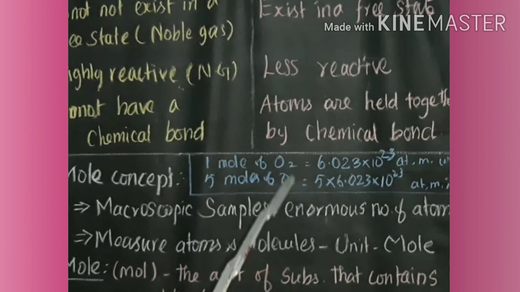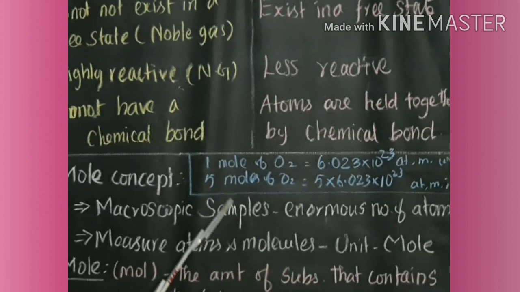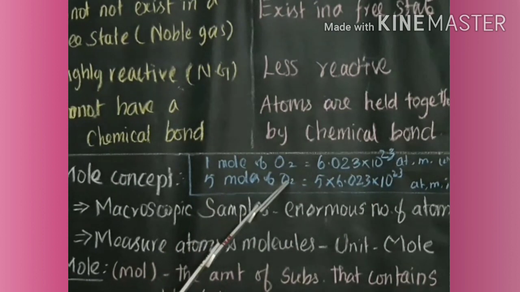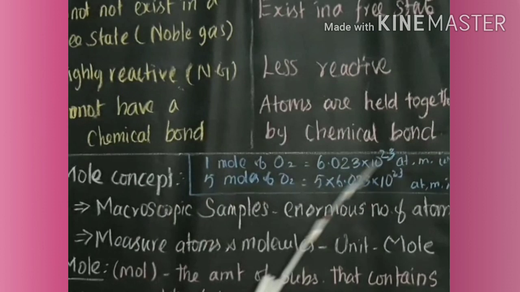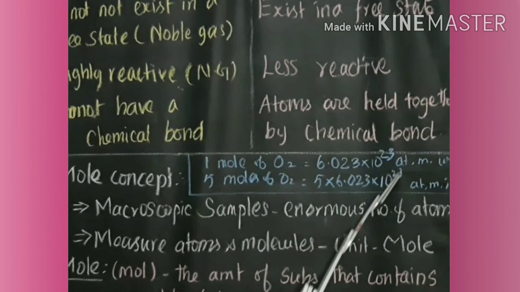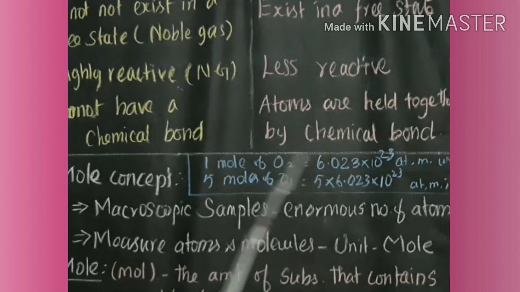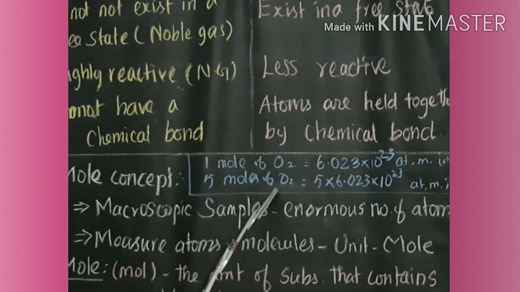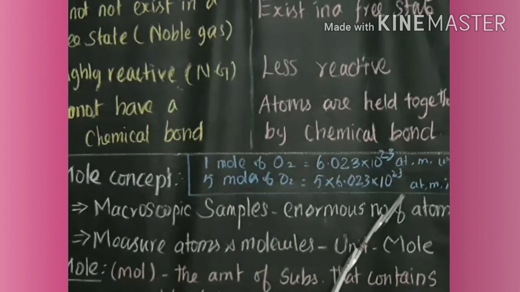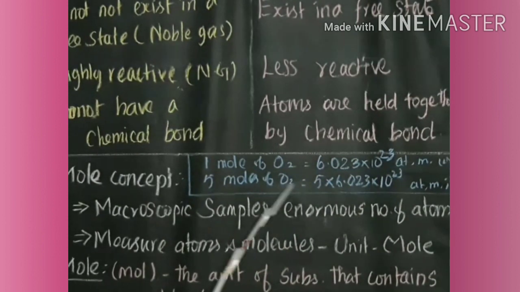Like this, if you want to find the number of atoms or molecules or ions in 5 moles of oxygen, then it should be multiplied by 5. 5 into 6.023 into 10 power 23 is the number of atoms in 5 moles of oxygen, or the number of molecules in 5 moles of oxygen, or the number of ions in 5 moles of oxygen.